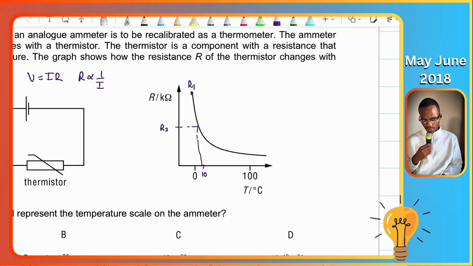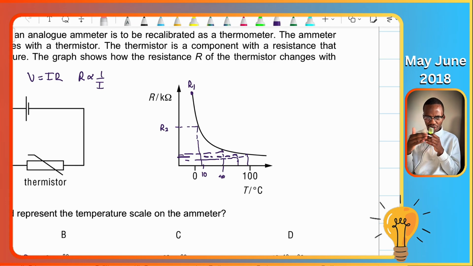At like 40 degrees, somewhere over here, you're going to have an R3 of this nature. But the moment you get to like 80 degrees, you're not going to have a very big change in your value of R. It's going to change slightly, because the gradient here is very shallow, here is very steep. So from like 0 to 40, you're going to have a very big change in resistance.